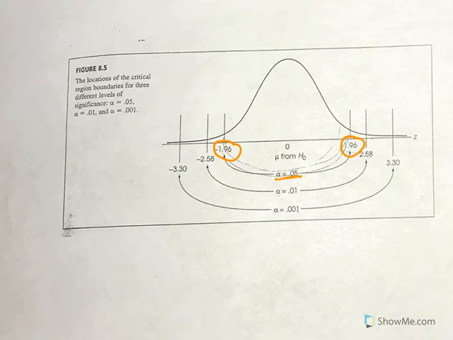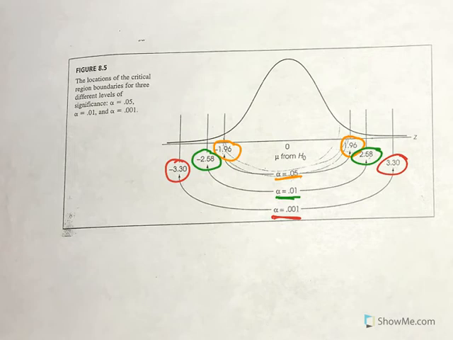When you're at alpha 0.01, you have the critical boundary of negative 2.58 to positive 2.58. And when you're at alpha 0.001, we have the critical boundaries of negative 3.3 and positive 3.3.